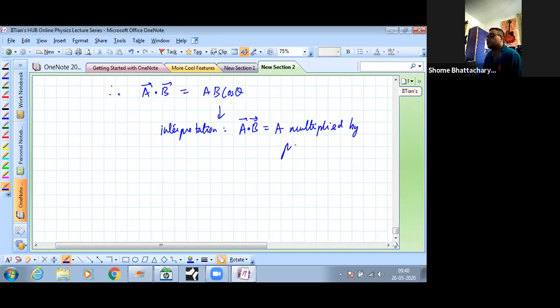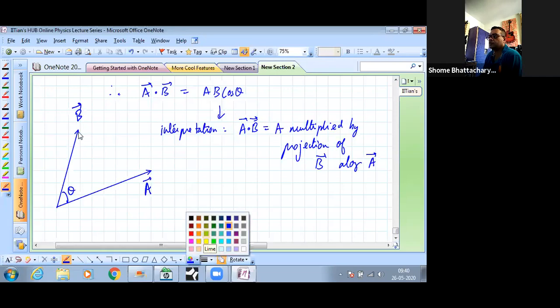Multiplied by the projection of the vector B along the vector A. Okay. So if this is some arbitrary vector A and this is some arbitrary vector B, then drop a perpendicular from B onto A like this, and now B will be making a projection which is along A, and that projection is your B cos theta.